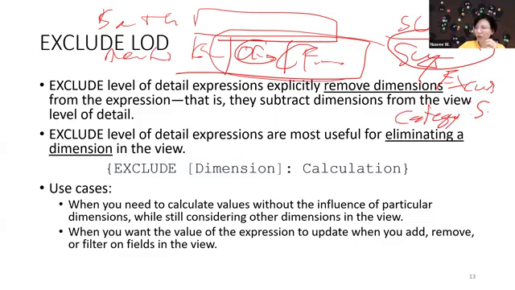Sum of sales, something like this, and you will get the fraction that looks at the specific category sale. So this is what you may use exclude for. So maybe less powerful than include and fix.